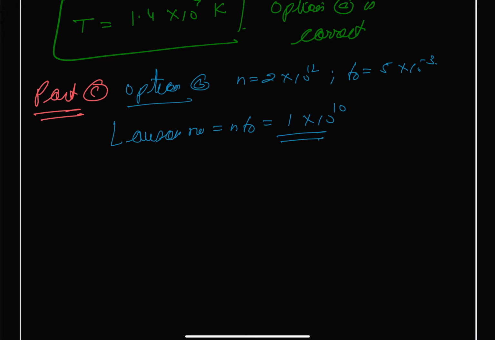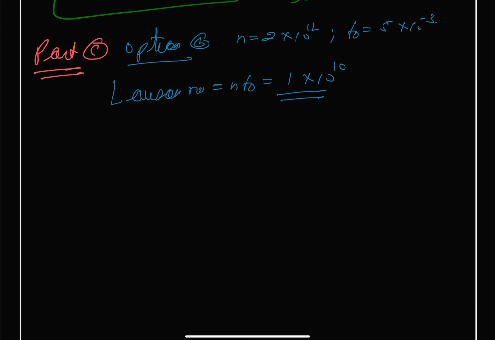Option B: we have the value of n as 8 × 10^14, and τ is 9 × 10^-1.